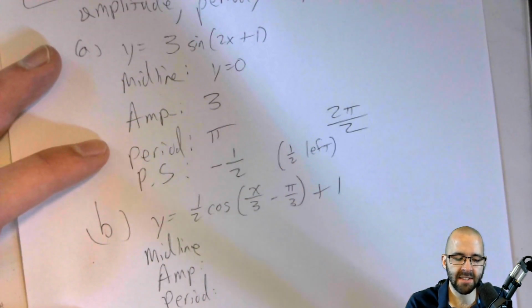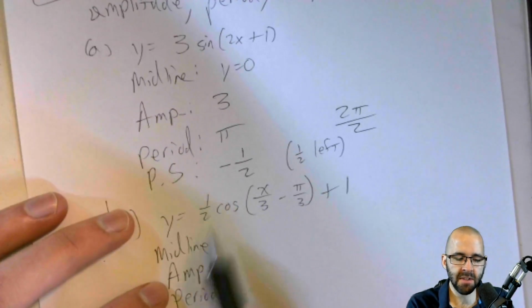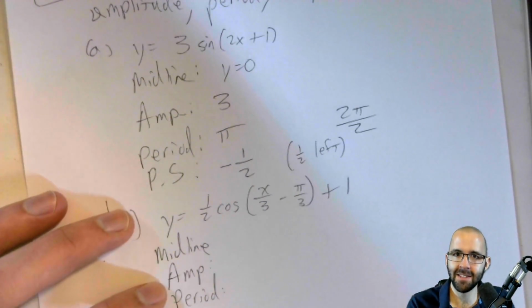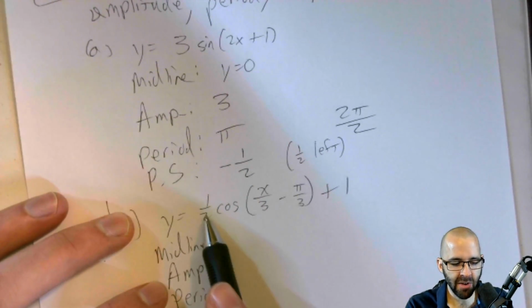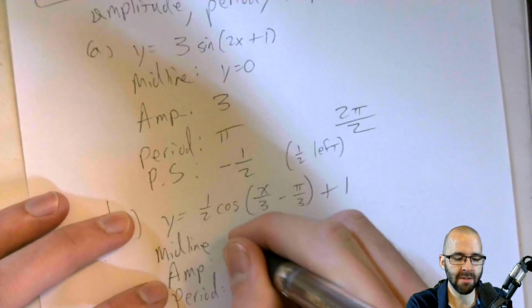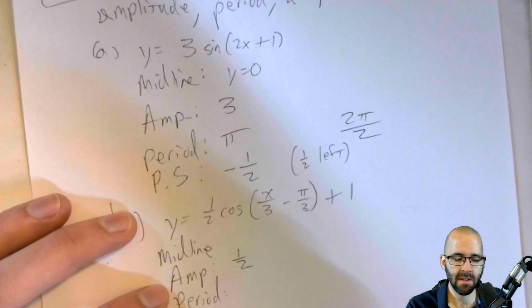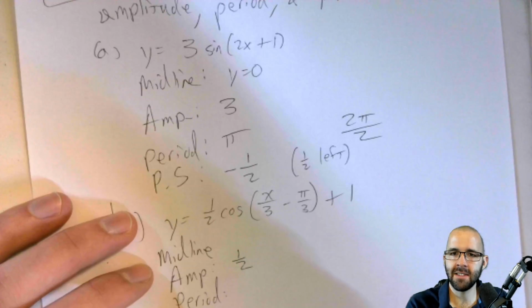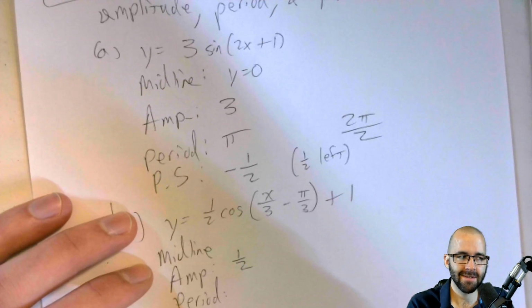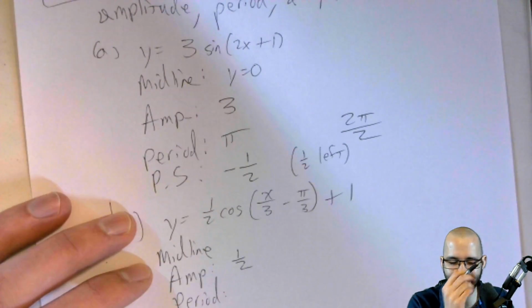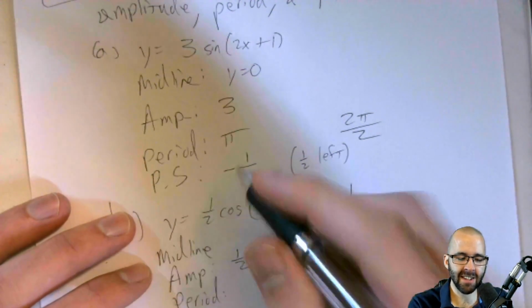So we're going to start with the easy stuff. Amplitude is always A. It makes sense, same letter. And it's going to be this number right here, just 1/2. The midline is D, D for the midline. It's just going to be y equals 1.